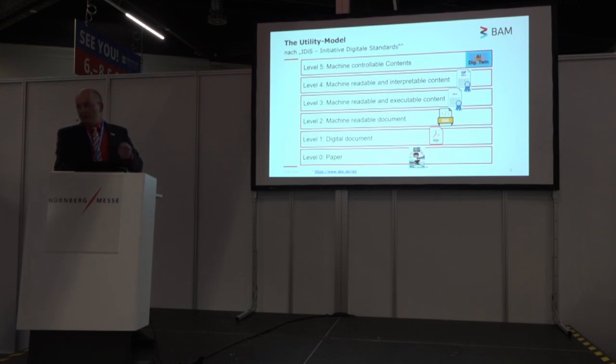Now we are trying to get to level 4, which means we need to have good practice of these certificates. It means we need to define very specifically for specific processes and specific quantities how information is incorporated into the schema and how it is provided in a DCC. And this makes the machine able to read out and also interpret this data correctly.